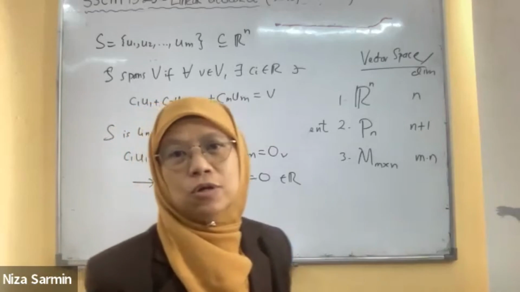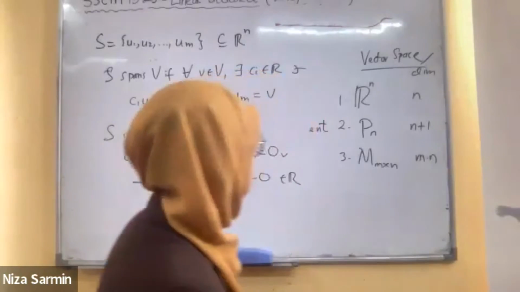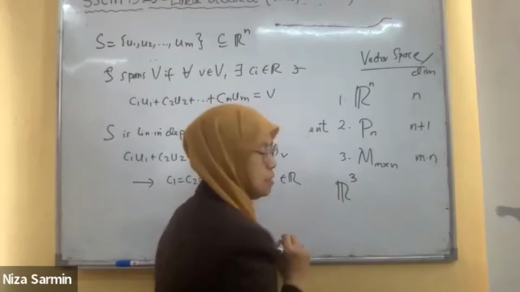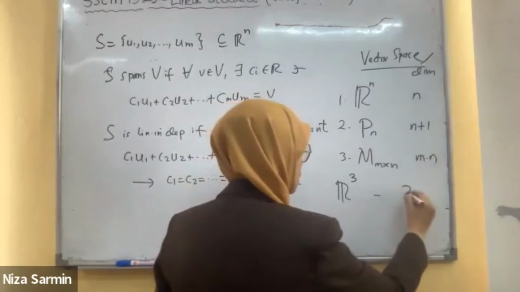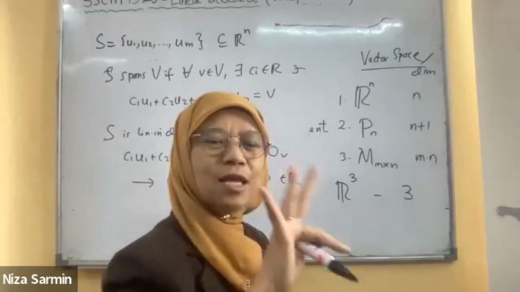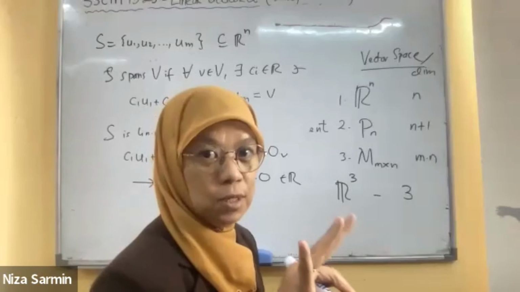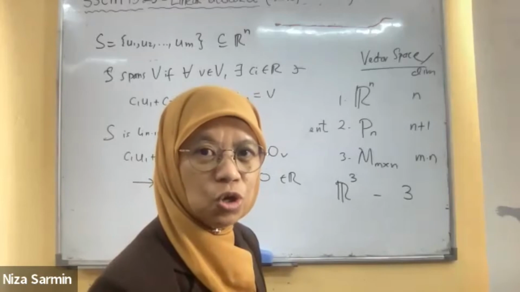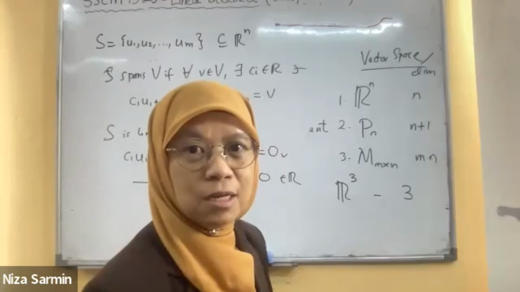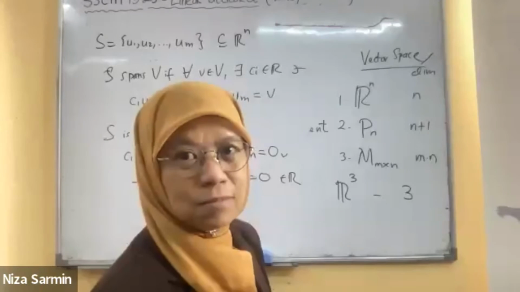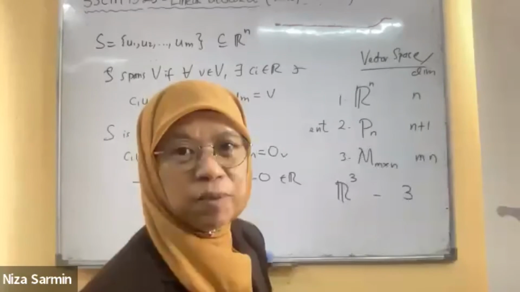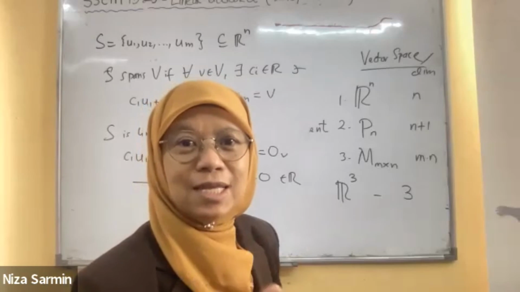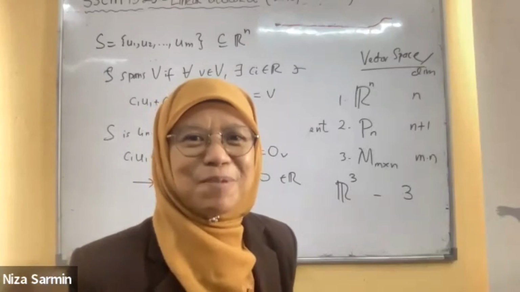Then I will start on the next topic, which is coordinate vector. So for say R3, the dimension is 3. So you would need 3 vectors to be a basis. If it is less, it does not span. If it is more, it is not independent. Not independent means dependent, but since the definition of basis is independent, your answer should be it is not linearly independent.